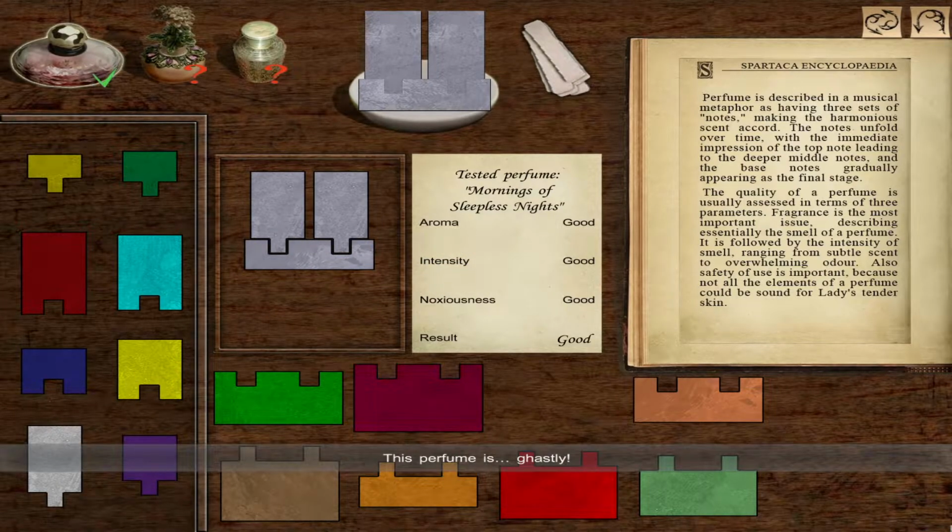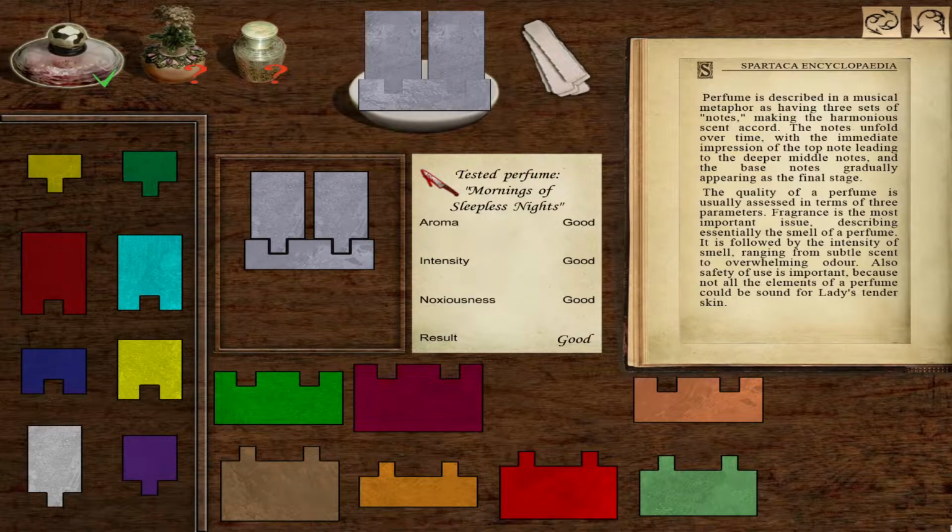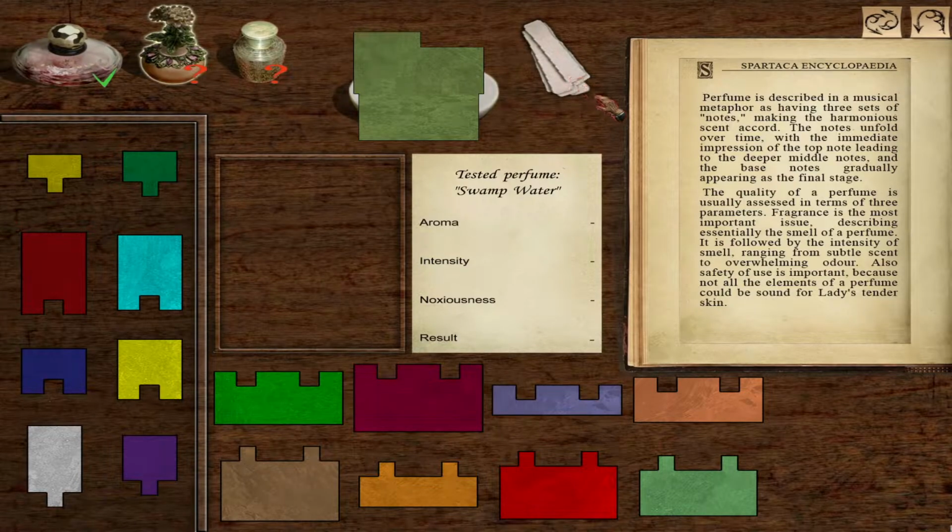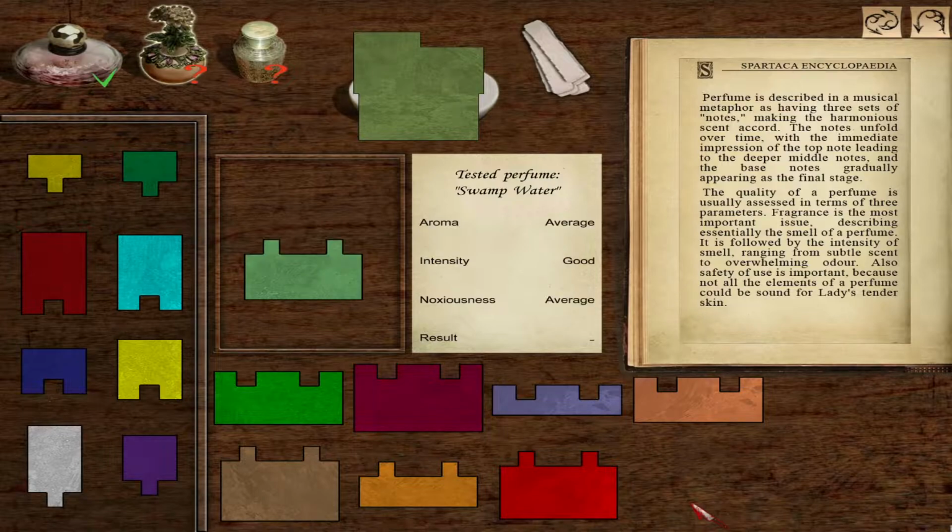This perfume is ghastly. Well, I have to agree. I thought the colors would be important also. Okay, so we have this now sorted. It probably needs dog musk.